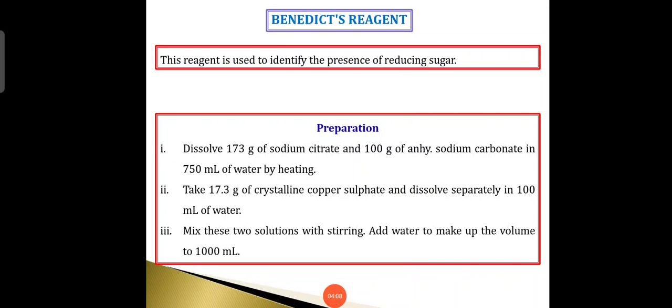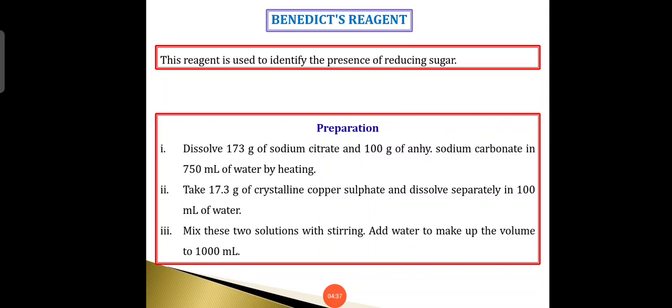So how to prepare this Benedict's reagent? So what is the composition and preparation of Benedict's solution? Benedict's solution is a deep blue alkaline solution used to test for the presence of the aldehyde functional group.